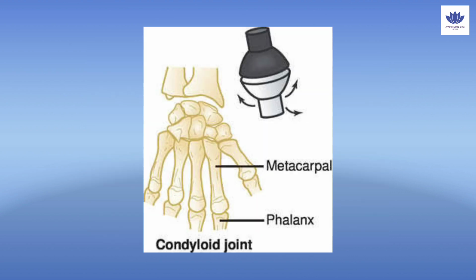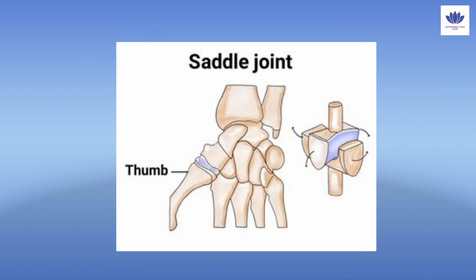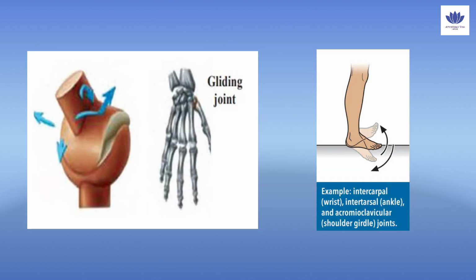This joint allows 2 movements, radial deviation and ulnar deviation, flexion and extension, such as wrist joint. Then the saddle joint. The movements of this joint are abduction, adduction, flexion, extension and circumduction, such as thumb. And the last is plane or the gliding joint, the joints which glide on each other.